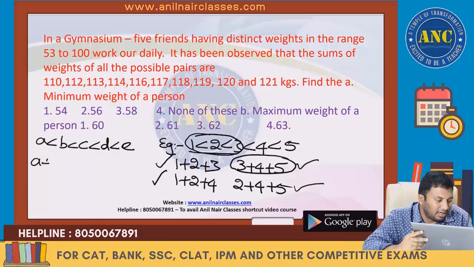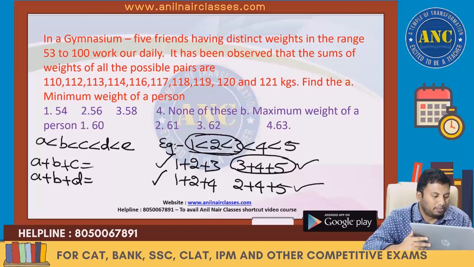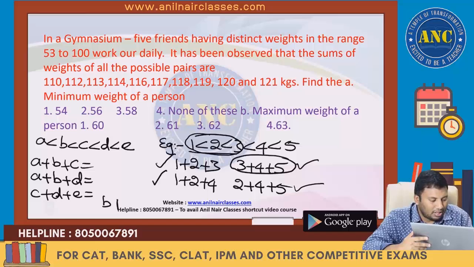We can determine lowest is A plus B plus C. Next lowest is A plus B plus D. Next highest is C plus D plus E. Next highest is B plus D plus E. I hope it is clear.